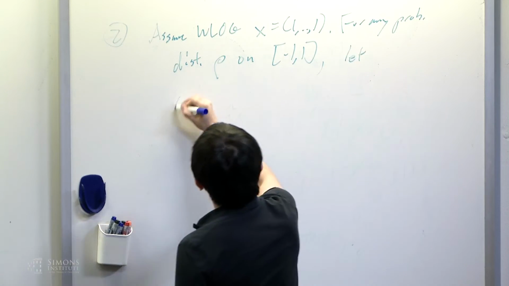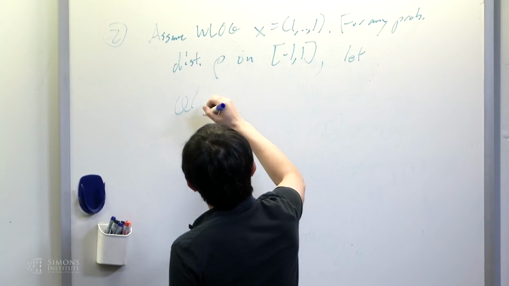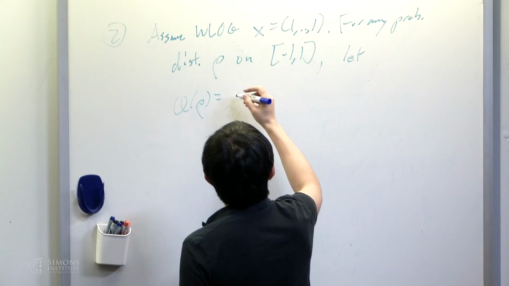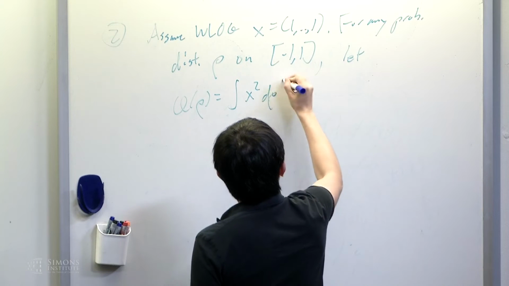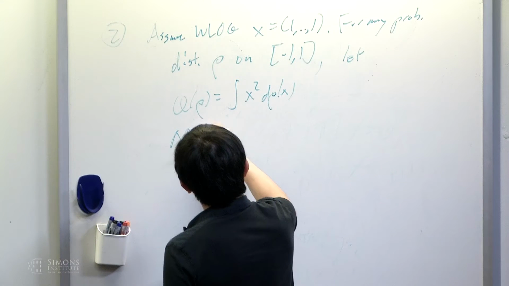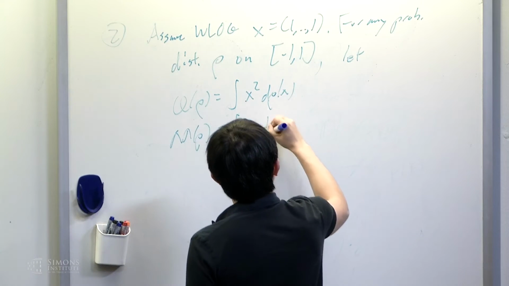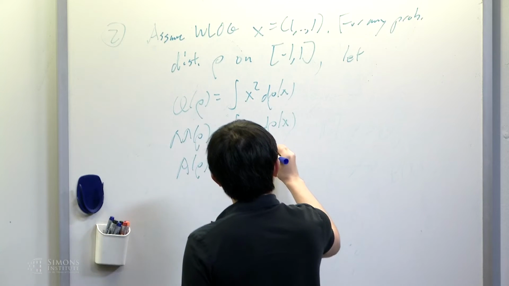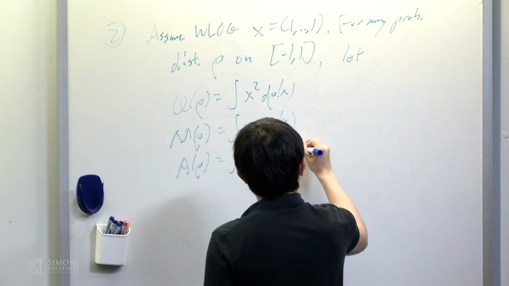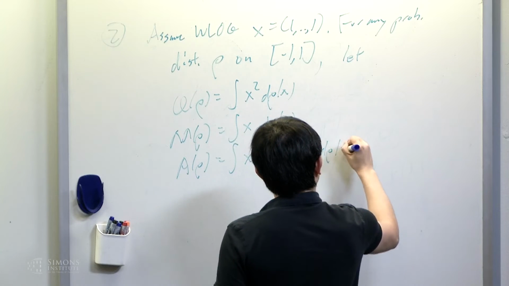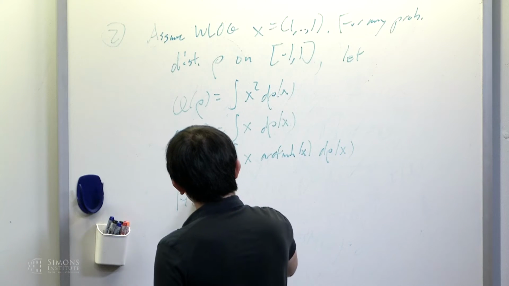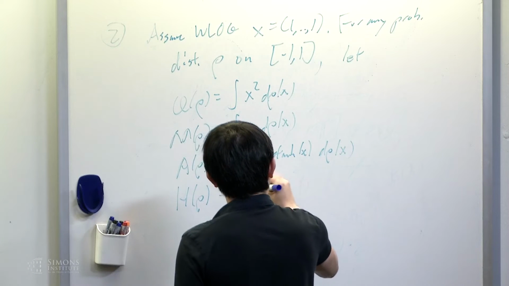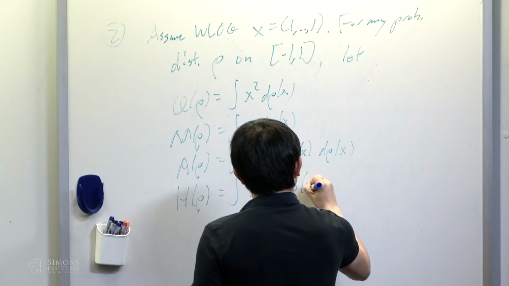So I'll define q of rho is the integral of x squared d rho. I'll define m of rho, which is the integral of x d rho. We can define a of rho, which is the integral of x times the hyperbolic arctangent of x d rho. And we'll define h of rho, which is the integral of this binary entropy function h of x d rho.